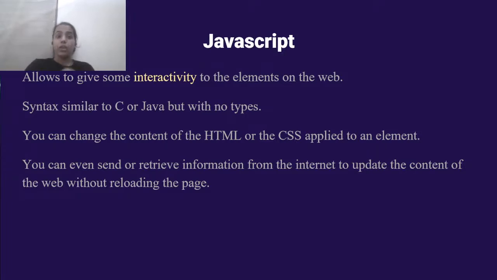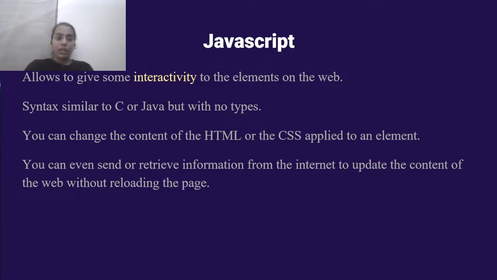DOM manipulation. The Document Object Model, DOM, represents the structure of an HTML document as a tree. JavaScript can be used to manipulate the DOM, allowing developers to dynamically modify content and appearance of the website. Event handling. JavaScript enables handling of various events like clicks, mouse movements, keyboard inputs, and many more.